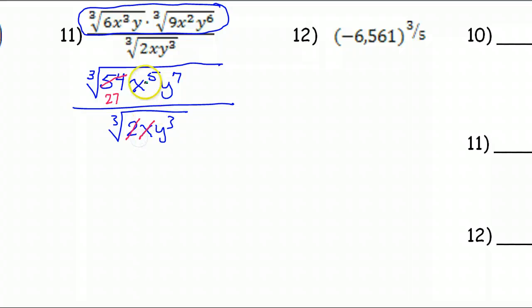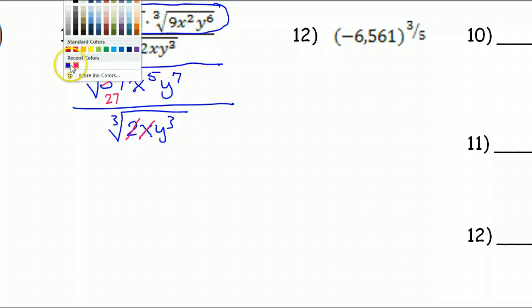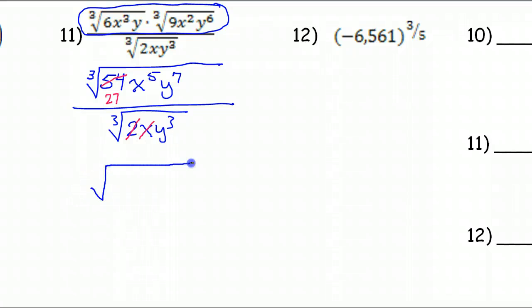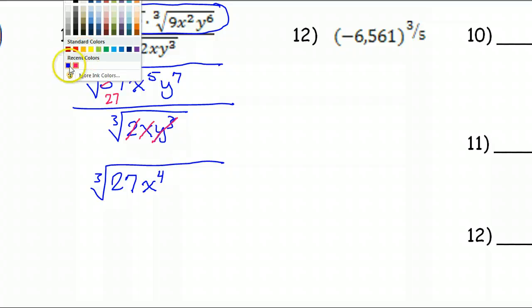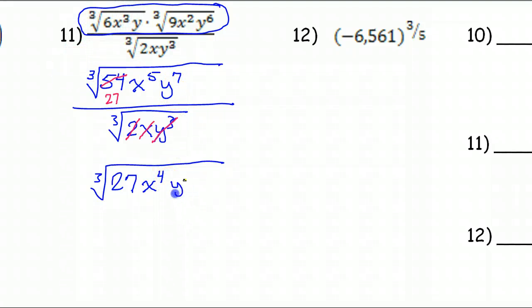I should probably build this as I go along. I'm going to record the results up here. So the cube root, the 2 divided into 54 and made a 27. This x is going to cancel out one of these x's and leave x to the 4th power. All three of these y's are going to cancel out 3 of these y's up here. So that's going to leave y to the 4th power.